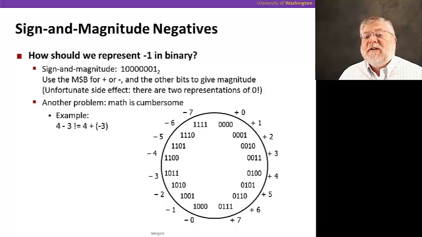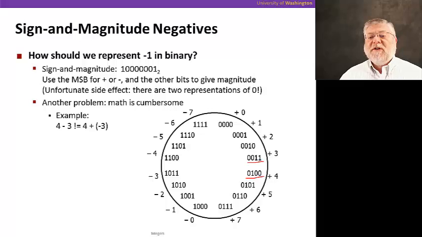Let's take a look at a little example. If I do 4 minus 3, that corresponds to the number 4 here, 0100, minus 0011. And if we do the arithmetic for that, of course, we see that the value is 1.